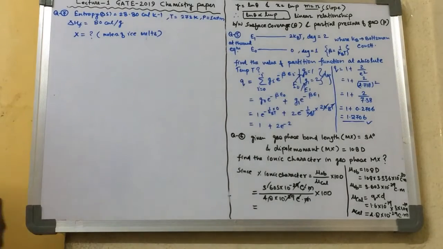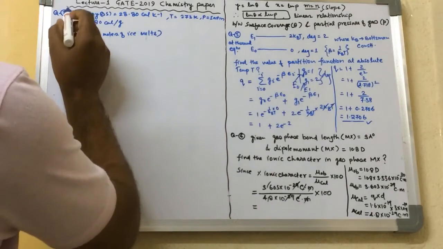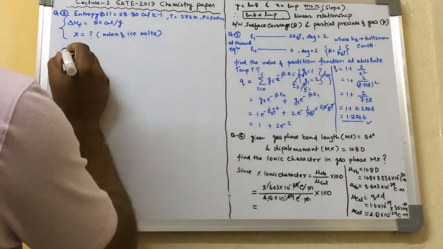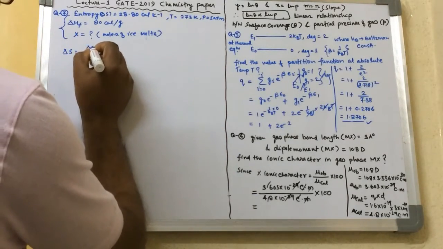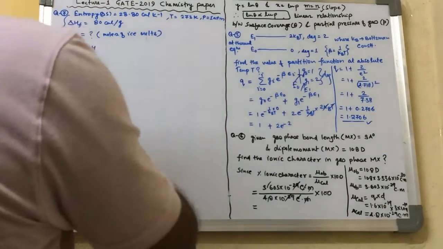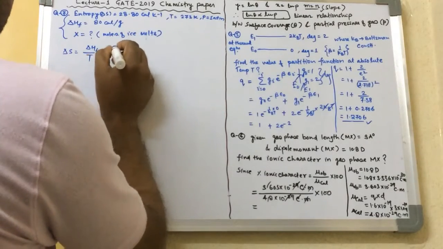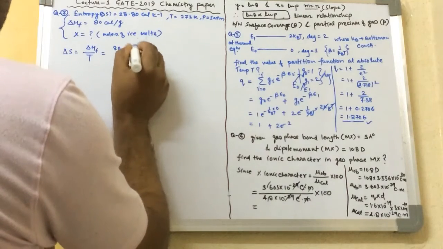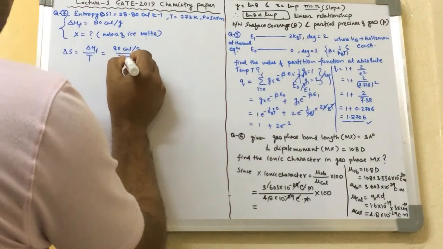As we know, the entropy delta S is equal to delta H upon T. So delta H fusion is 80 calorie per gram, and temperature is 273 Kelvin.